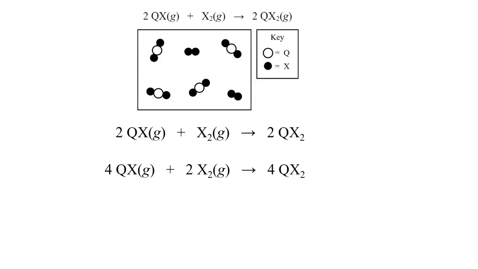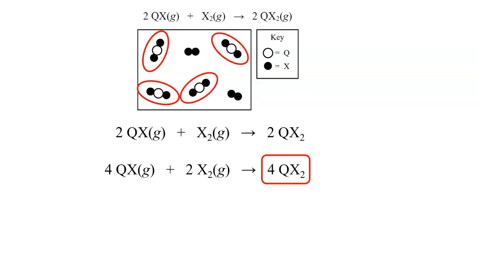And the reason why I did that is because take a look at the right side of the equation. I have in the particle diagram that I'm given 1, 2, 3, 4 molecules of the product QX2. So that represents the product of this experiment. 4 molecules of QX2 are visible in this particle diagram.